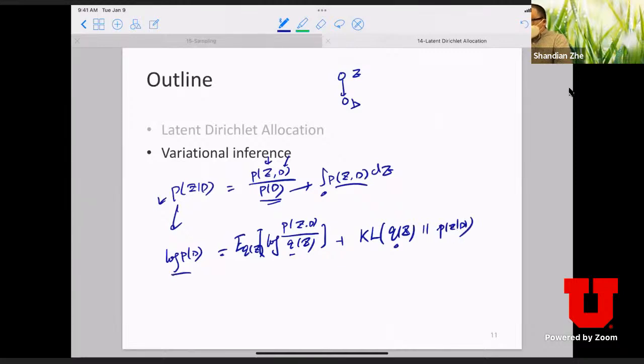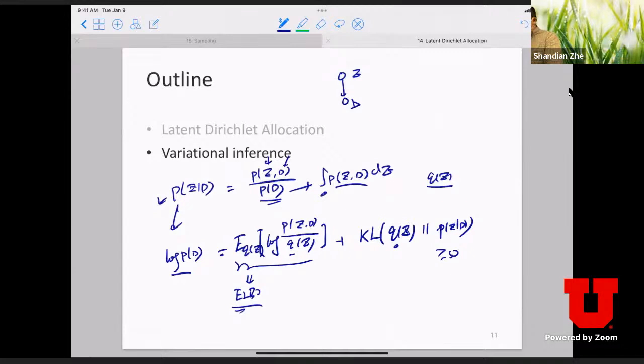You can obtain this by applying Jensen's inequality, which I emphasized quite a few times. That means if you don't make any restriction over Q of Z, and you just maximize this term, which we often refer to as the ELBO, the evidence lower bound. Why is it a lower bound? Because the KL divergence is always non-negative, so the log evidence is always no less than the evidence lower bound.